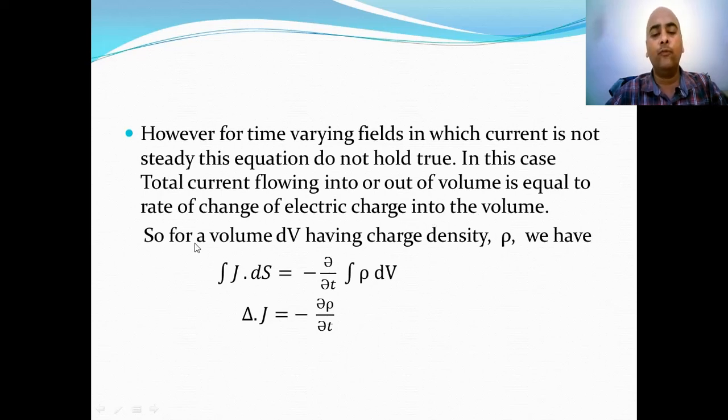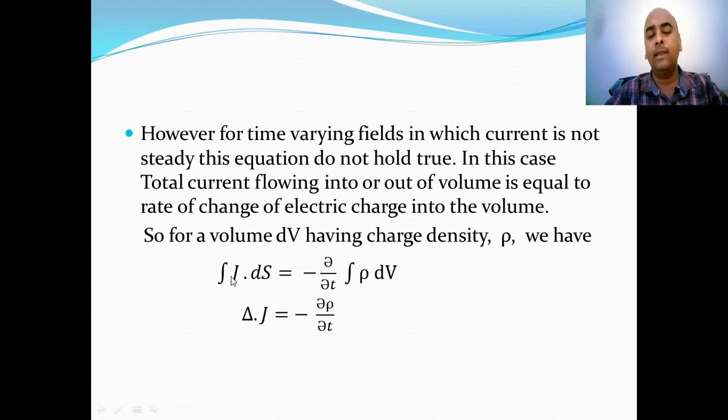So for a volume dV having charge density rho, the total charge can be mathematically represented as the integration of rho dV, and J dot dS is the current density over the entire surface, which is also equal to current I. So I is basically the rate of change of charge.